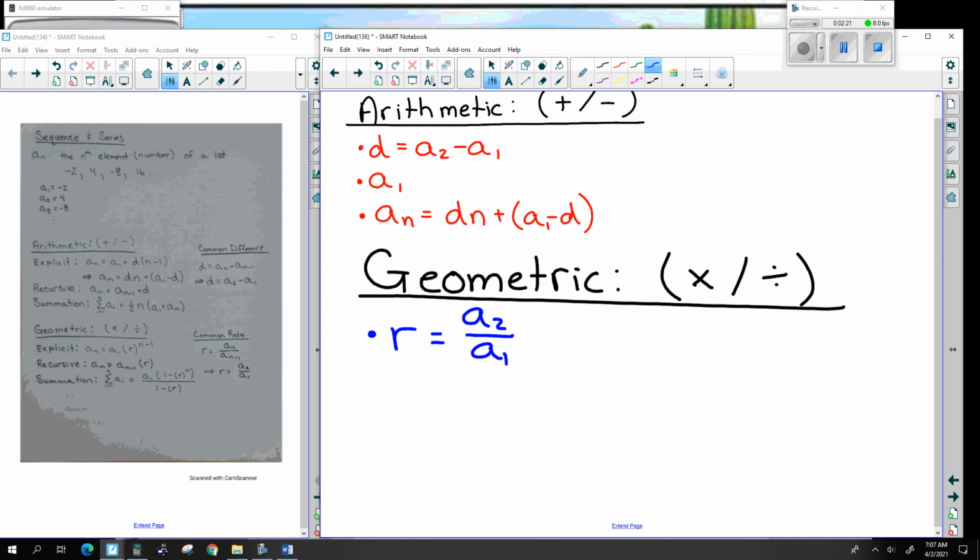You also probably want to know A1, the first number, and then its explicit formula, the one that allows you to jump to the 52nd term or whatever you want, is AN equals A1 times R in parentheses to the N minus 1 power. You just plug in whatever you want for that N, and you are off and running.